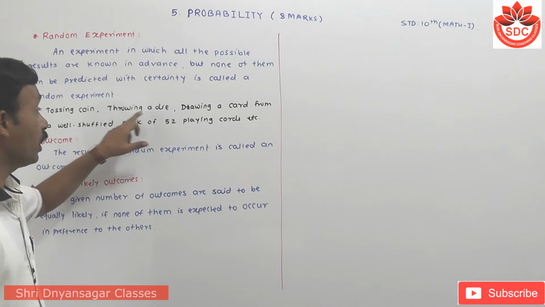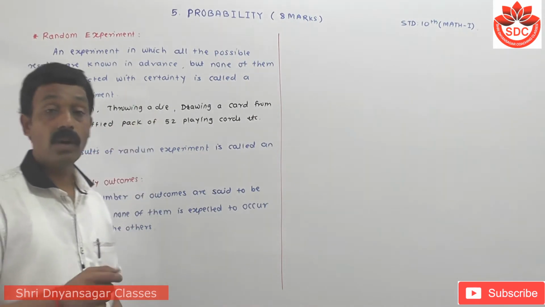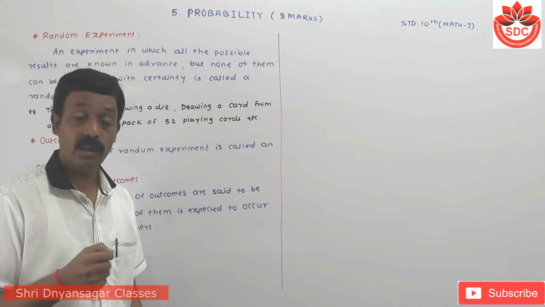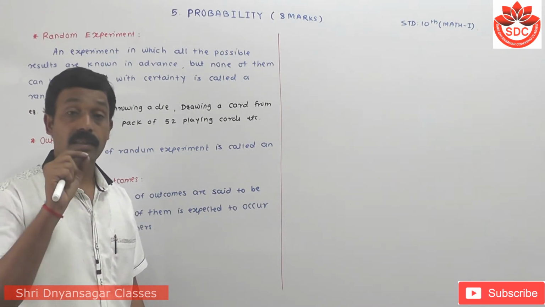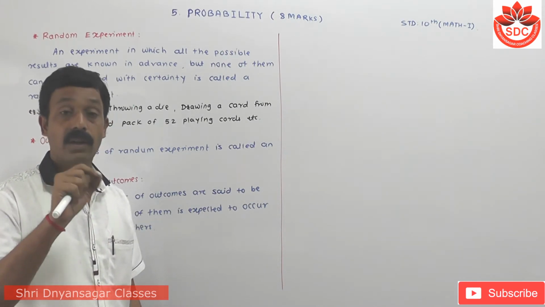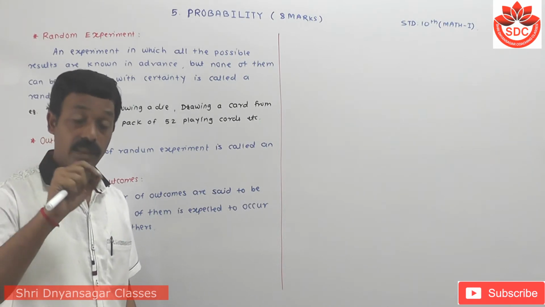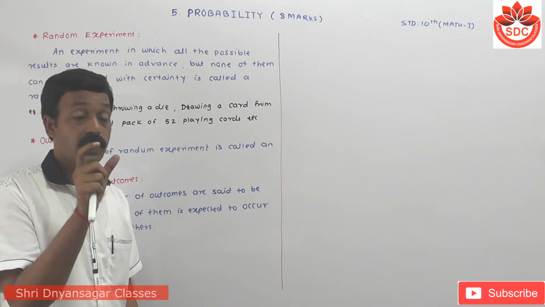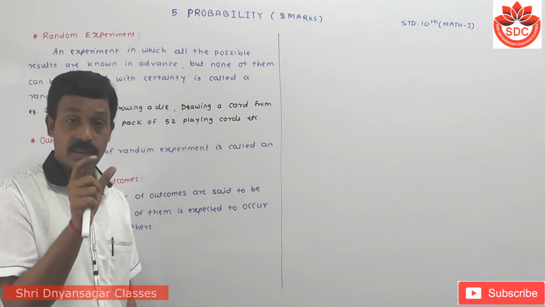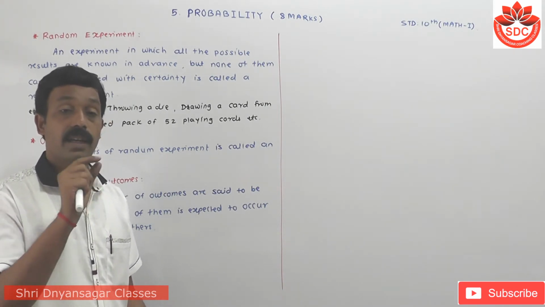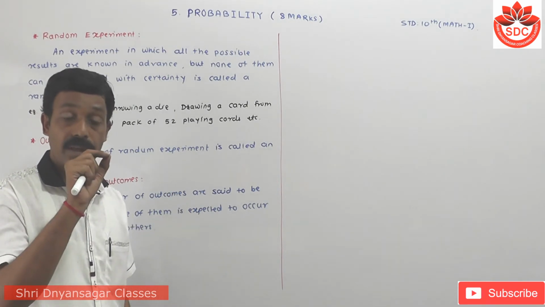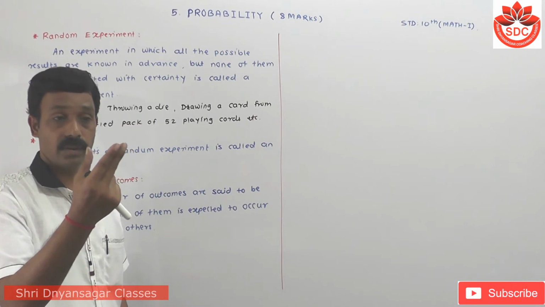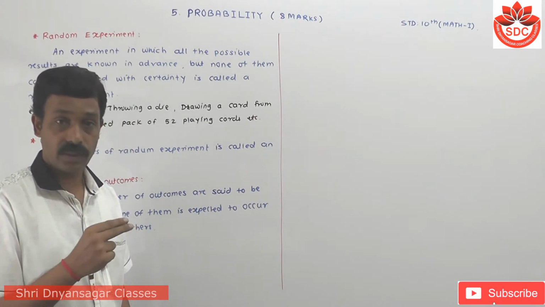Throwing a die. Students, on the die there are 6 faces, with points on each, such that the sum of opposite faces is 7. If one face has 1 point, then the opposite face contains 6 dots.